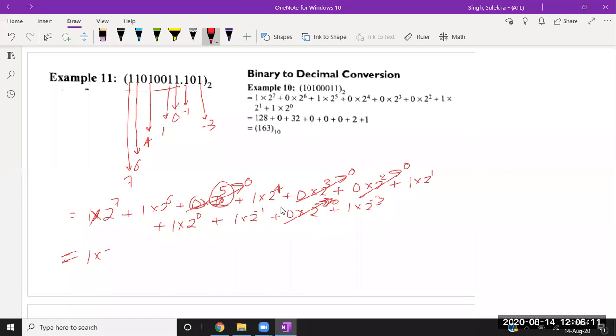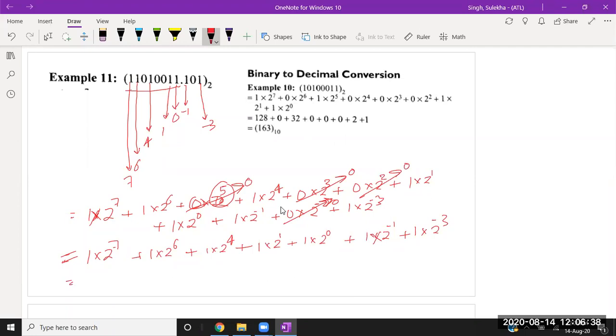You can write only 2 to the power 7 plus 1 into 2 to the power 6 plus 1 into 2 to the power 4 plus 1 into 2 to the power 1 plus 1 into 2 to the power 0 plus 1 into 2 to the power minus 1 plus 1 into 2 to the power minus 3.